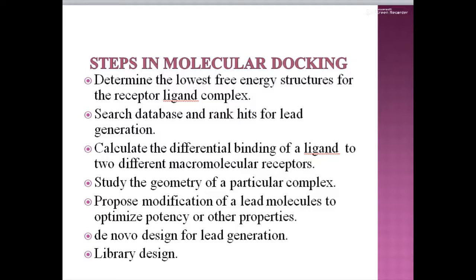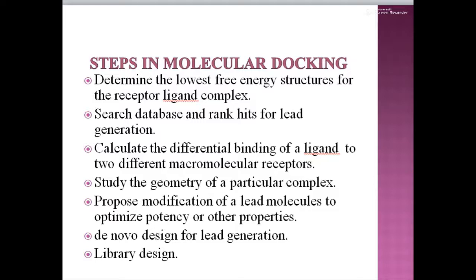Okay, and then calculate the differential binding of the ligand to two different macromolecular receptors. That is, you will check the difference in binding of this ligand to two different macromolecular receptors, that is two different biological targets, and you will study the geometry of the particular complex, and you consider modifications of these lead molecules.